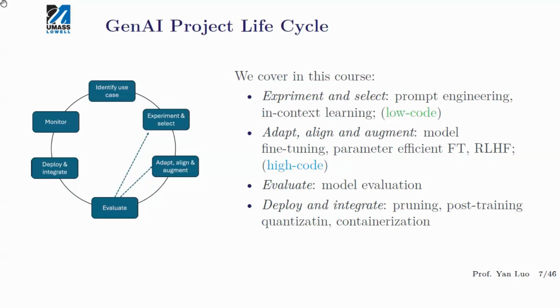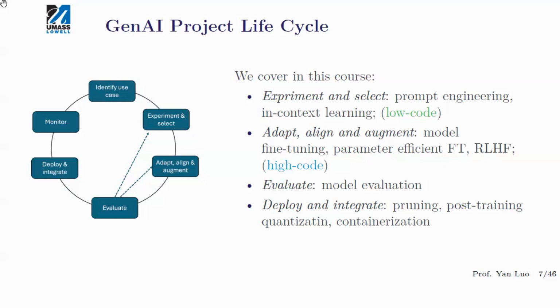So the first part, experiment and select, is really just typing some prompt, or organizing your prompt in a way that you can get the desired result as accurate as possible. On top of that, if you want to use the model to solve a particular domain-specific problem, you will oftentimes need fine-tuning.